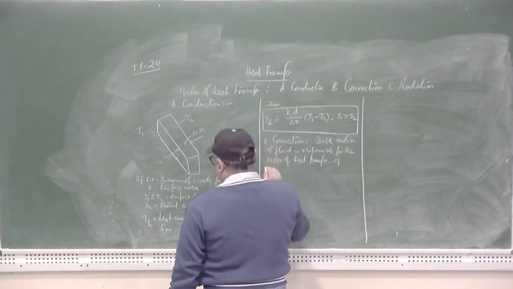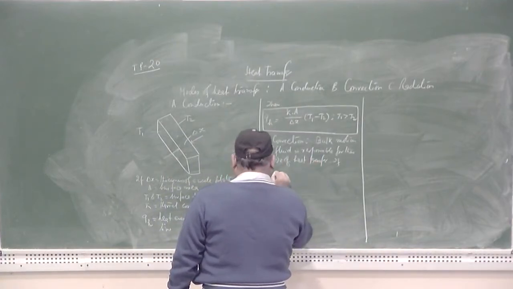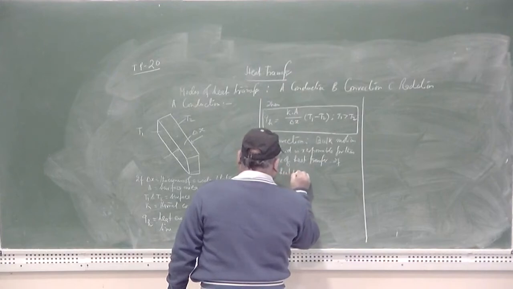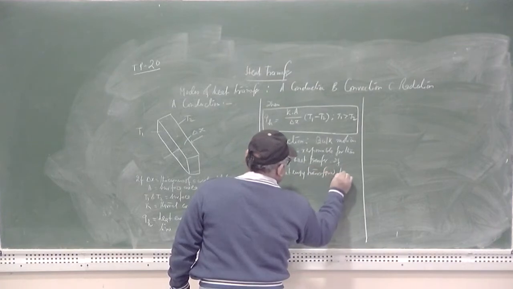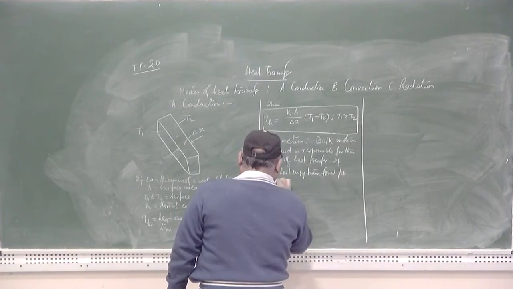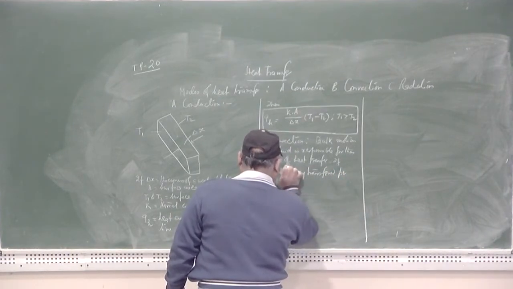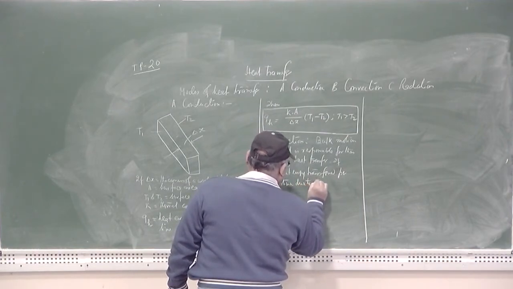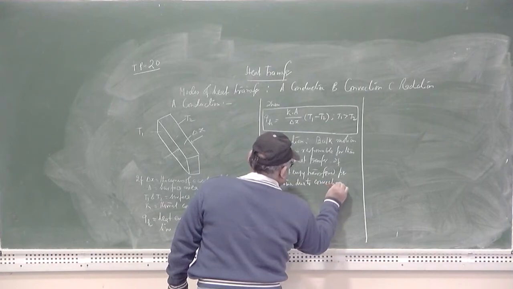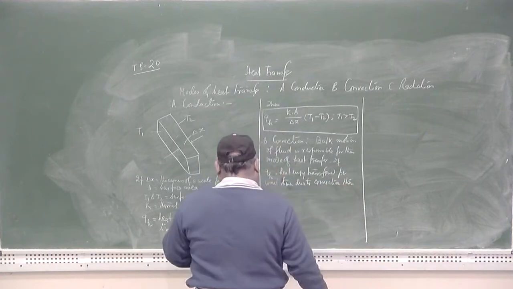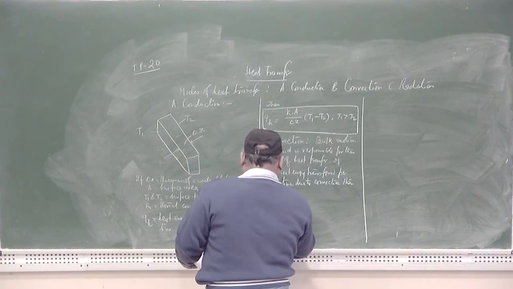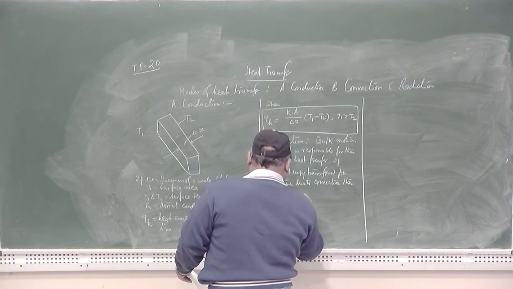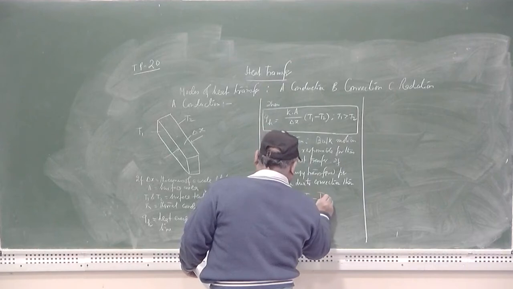For this mode of heat transfer, if QH is the heat energy transferred per unit time due to convection, then QH is equal to H into A into temperature of the surface minus temperature of the fluid.